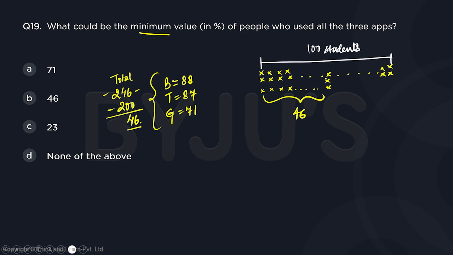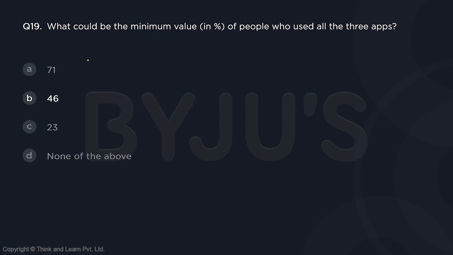In order to make this 45, the remaining chocolates will go to some other student, which will include that student instead of the one that we just took out. So the minimum is going to be 46 out of 100 students who will have exactly 3 chocolates or exactly 3 apps. So 46, B option is the answer.